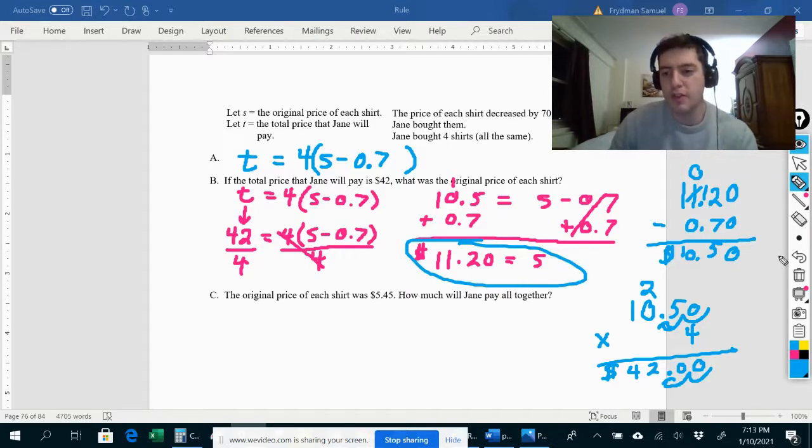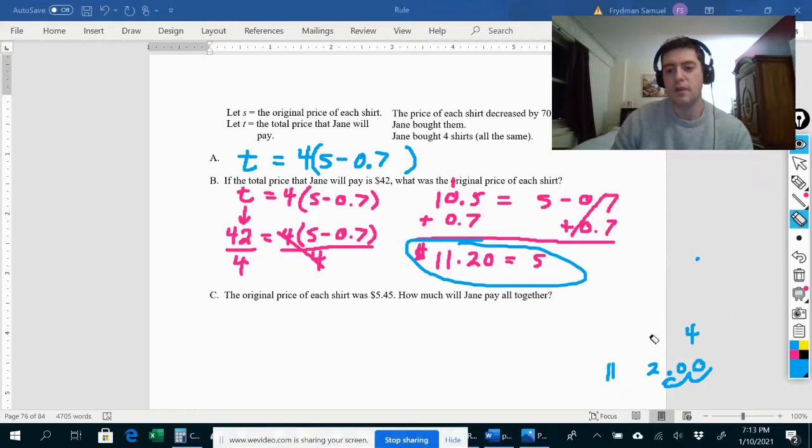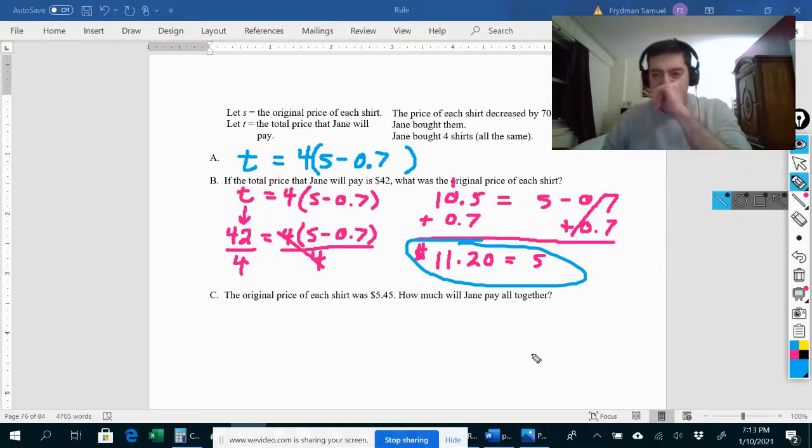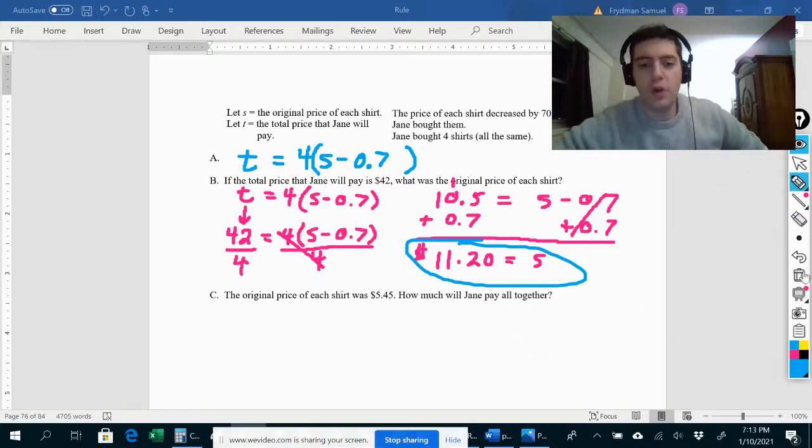All right, so let's move on to problem C over here. So for problem C, we're told the original price of each shirt was $5.45. How much will Jane pay altogether? So now what is the difference between this problem and this problem?